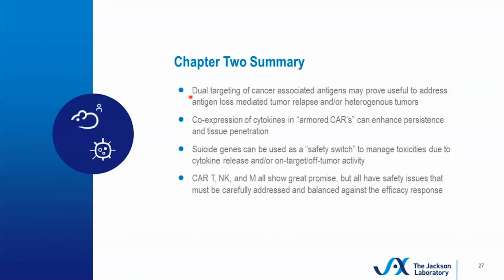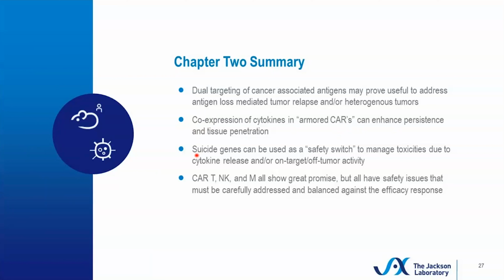So in summary, dual targeting of cancer-associated antigens may prove very useful to address antigen loss-mediated tumor relapse, or the problem with heterogeneous tumors. Co-expression of cytokines in so-called armored CARs can enhance the persistence and tissue penetration of these introduced CAR NK populations.